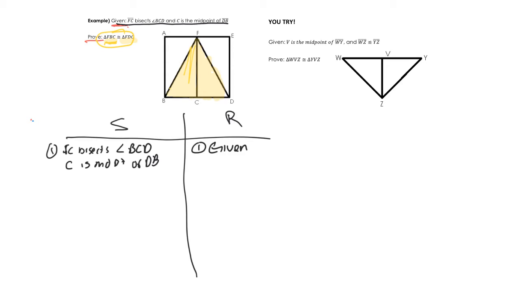All right, so let's start our proof. Just like yesterday, we got to use our givens. FC bisects angle BCD. BCD is this angle, which is actually a straight line. So that means this angle is equal to this one if FC cuts that angle in half. So step 2, angle BCA is equal to angle DCA.